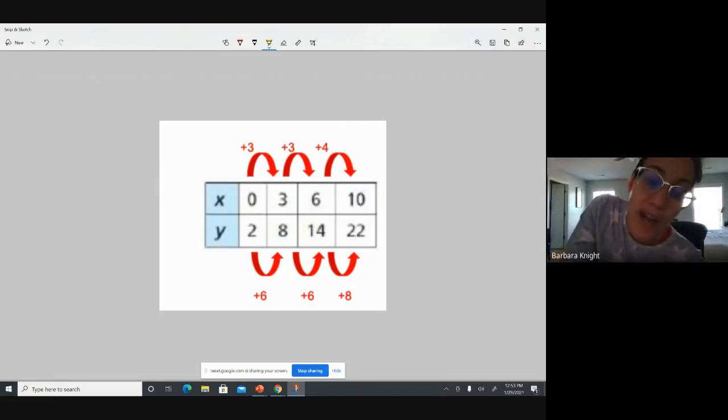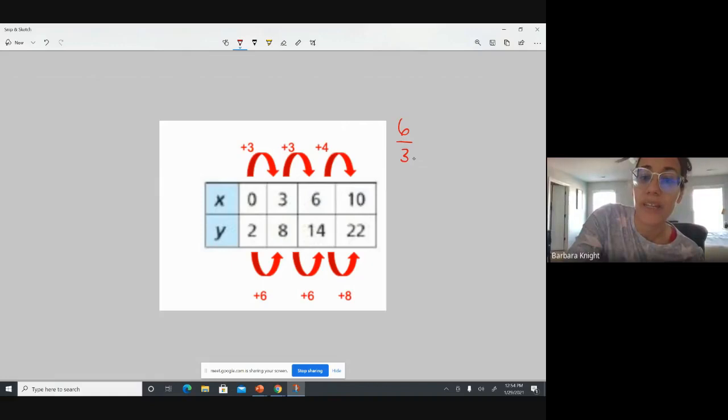And so then the y is from 2 to 8, you added 6. From 8 to 14, you added 6. And then from 14 to 22, you added 8. So if you write it, you have 6 over 3, 6 over 3, and then 8 over 4.